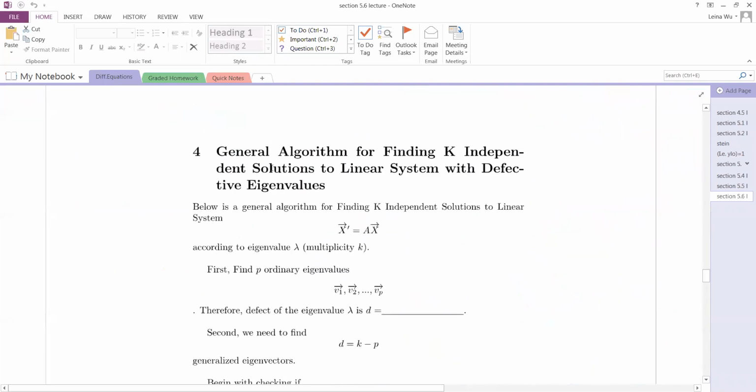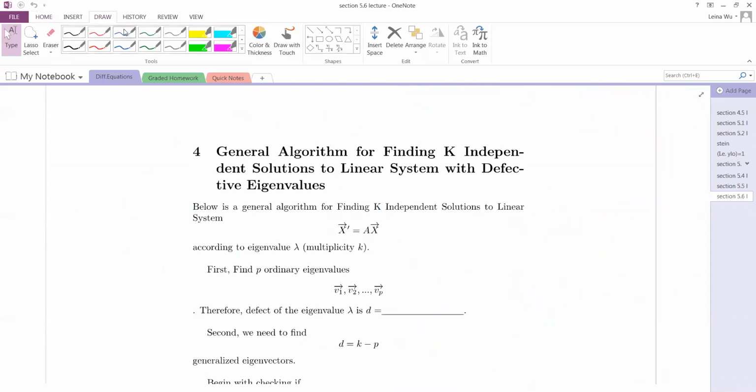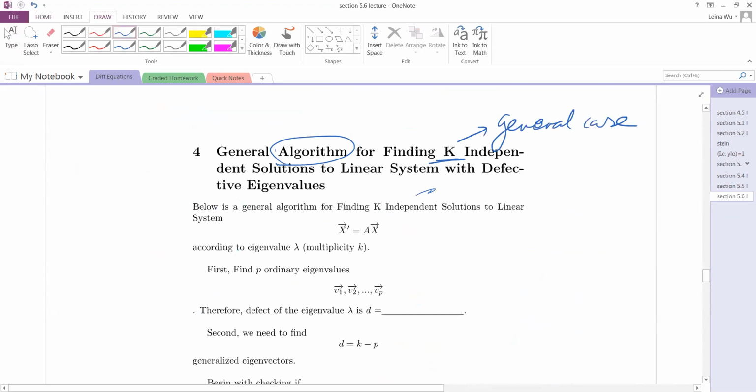So we're going to continue and talk about the more general case. The general algorithm for finding k independent solutions to a linear system with defective eigenvalues.